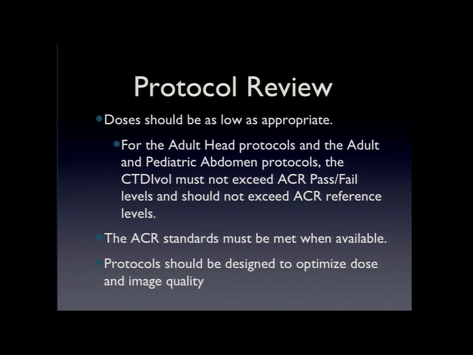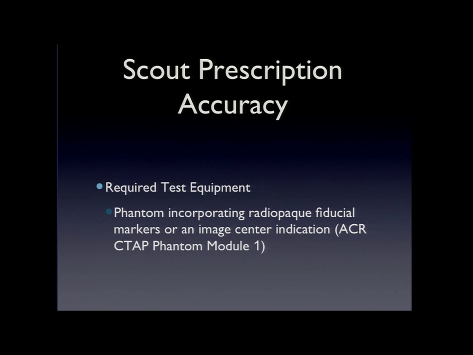So those things are going to need to be set up differently. The whole goal is to optimize the dose and image quality together. That's part of what you do initially, and then on an ongoing basis, you're part of the team that is optimizing protocols. And then during the annual survey, you do reviews of this on your own, and if you have more input, you need to discuss this with your team.